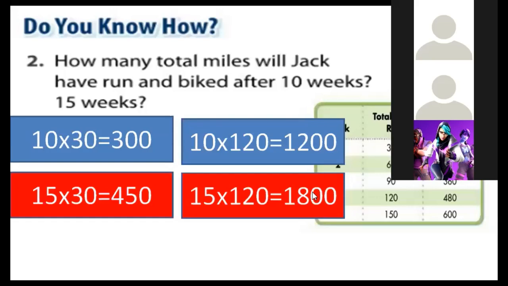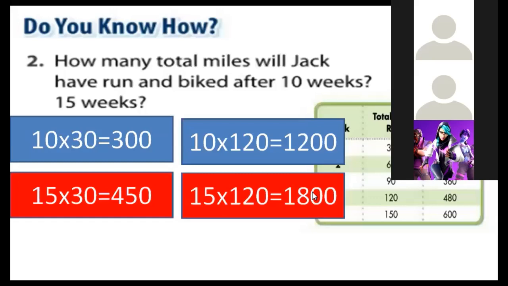For example, in number 2, you see it in front of the screen? Yes. You are following with me? Yes, Mister. If I asked you to extend the table for run and bike, what can you do? You are going to use multiplication? No. You are going to add the same amount, 30 plus 30 plus 30 for run, 120 plus 120 plus 120 for bike.